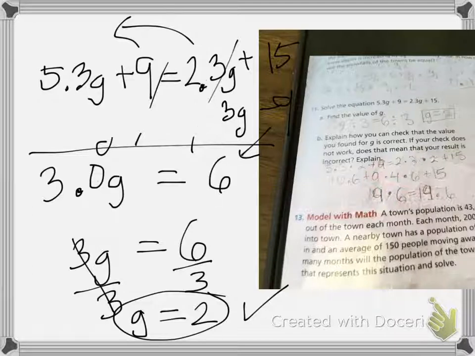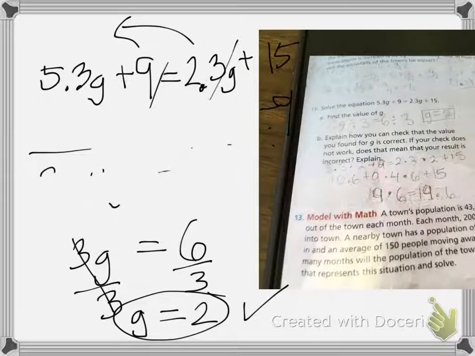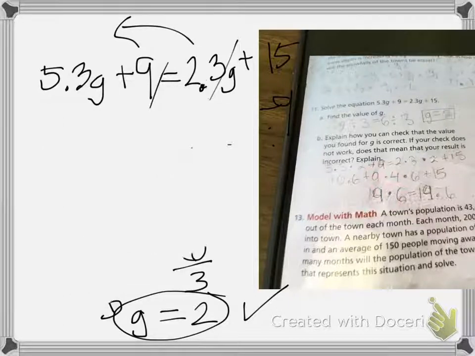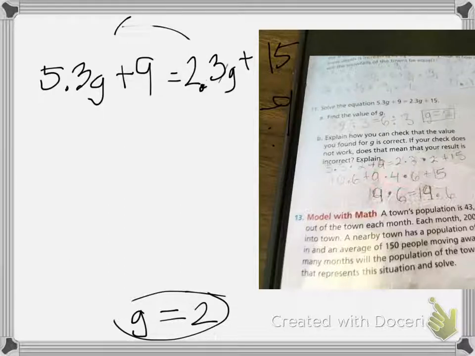Let me go ahead and erase all this. So we're going to plug in 2 and replace it with g, and check to see if it's the same thing on both sides. So that's how we check.